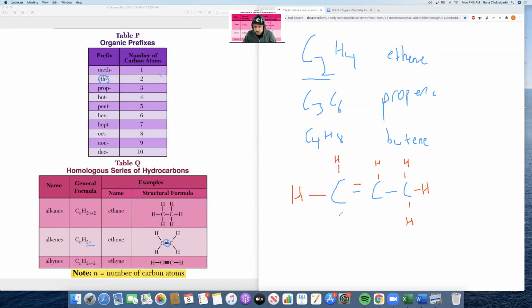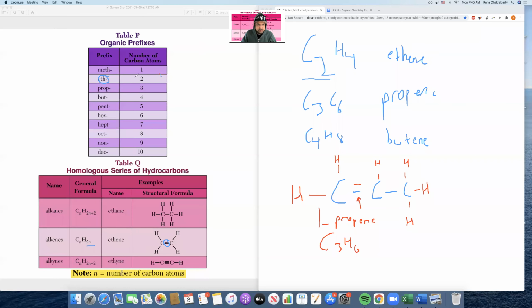Okay. So is that 3 carbons and 6 hydrogens? C3H6. Yes, it is. Each carbon has 4 bonds and 4 bonds only. This you could technically call 1-propene. But you'll learn later there's no such thing as 2-propene. It's only 1-propene, so the double bond is on the first carbon.